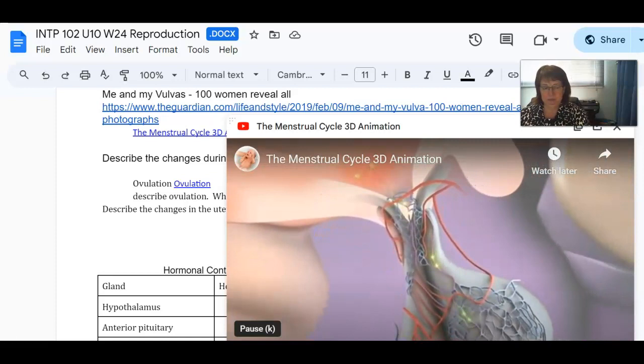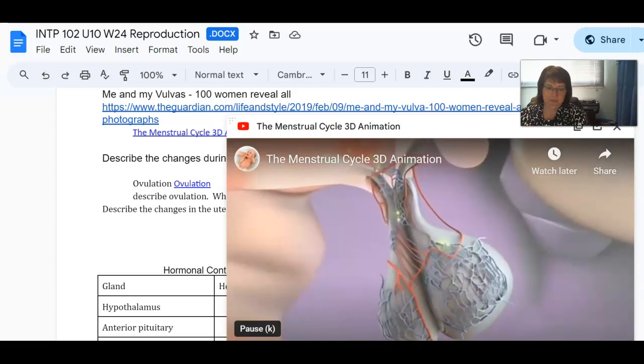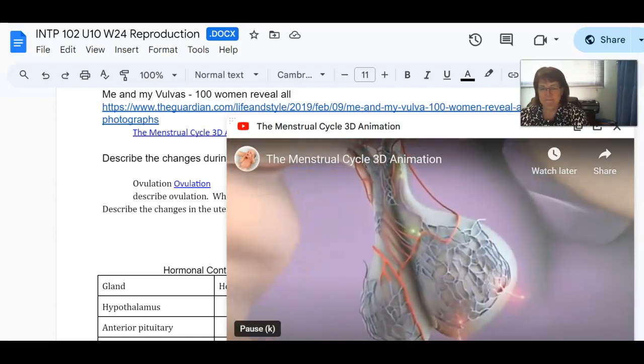Stimulated by pulses of gonadotrophin-releasing hormone, cells in the pituitary gland secrete another hormone, follicle-stimulating hormone, or FSH. Okay, first off, the hypothalamus releases gonadotropin-releasing hormone, which travels in the blood and acts on the anterior pituitary.